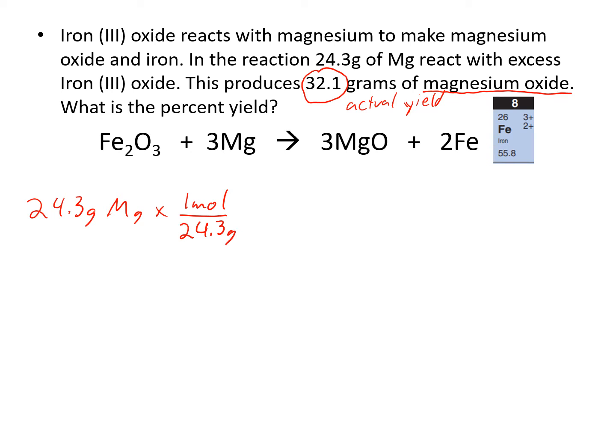Okay, so the molar mass of magnesium is also 24.3. And then I'm going to go over my molar bridge or use my mole ratio. I'm going to say that there's 3 magnesium oxide for every 3 magnesium, so that magnesium can cancel out. And now I'm going to calculate my molar mass of magnesium oxide, which was 24.3 plus 16, and that is 40.3.